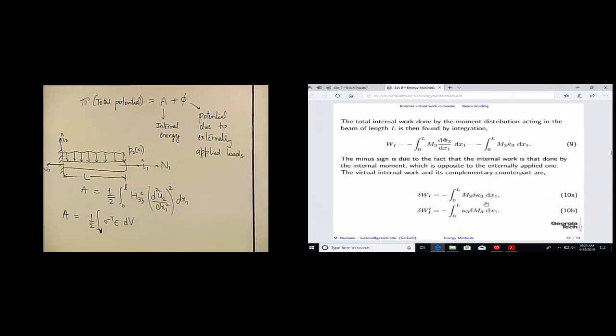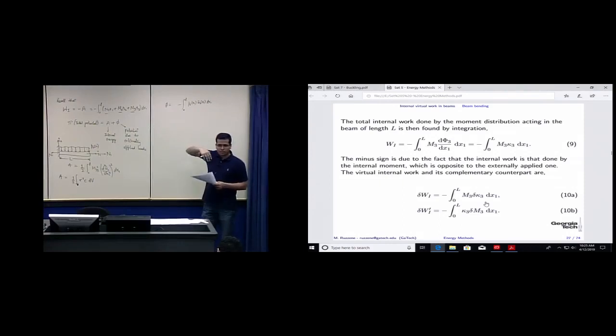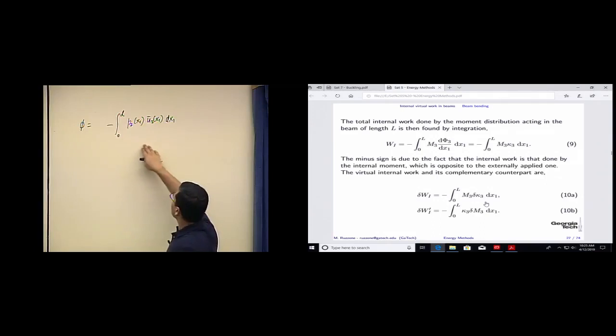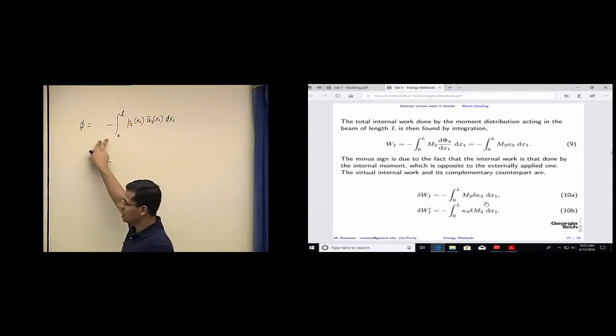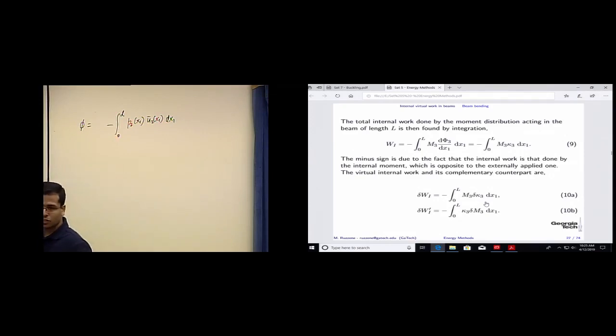So the potential due to the externally applied load is P2 times U2 is the potential, right? But that's a distributed load, so we have to integrate over the length. So integration 0 to L P2 x1 times U2 x1, and there is a negative sign because P2 is in the direction of minus I2, right?